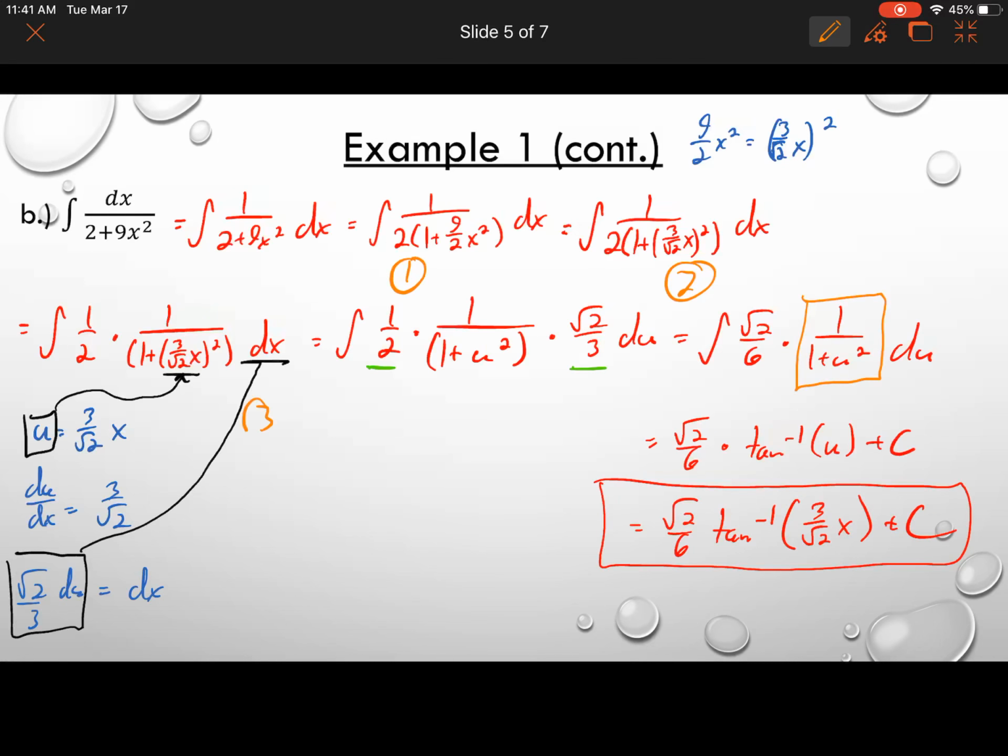And then we did our substitution before finally just doing our antiderivative. The only thing you have to remember is the antiderivatives. The antiderivative of 1 over the quantity 1 plus u squared is inverse tangent of u. So that was the only difference.